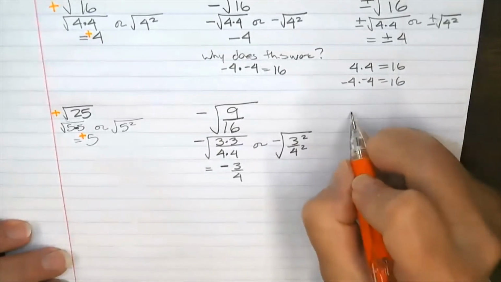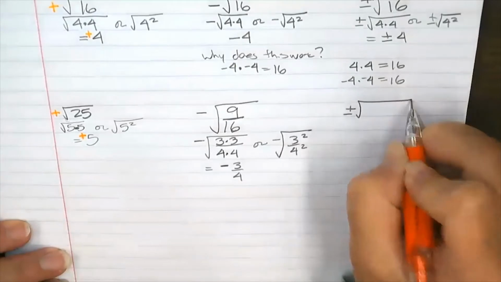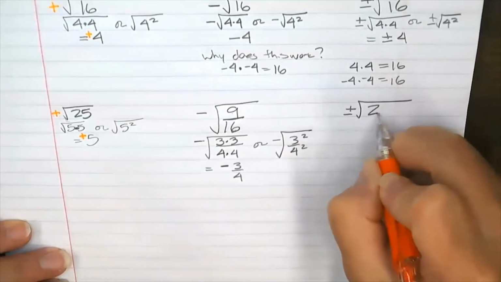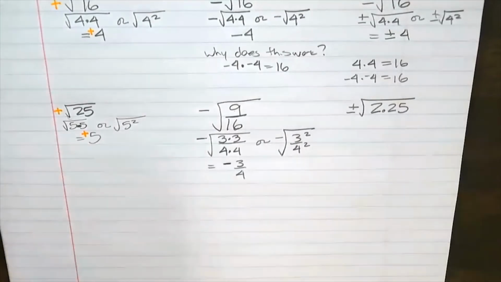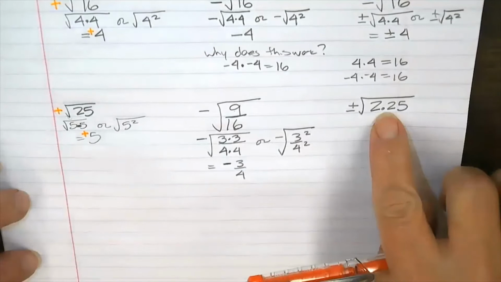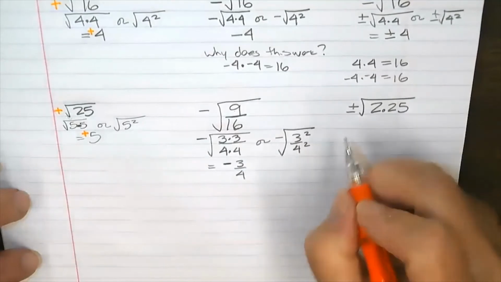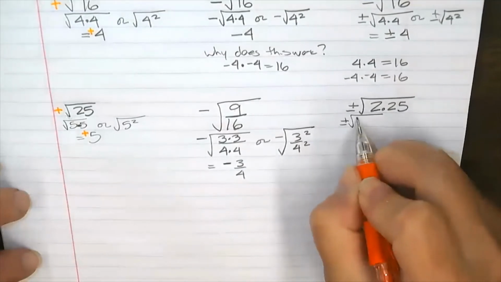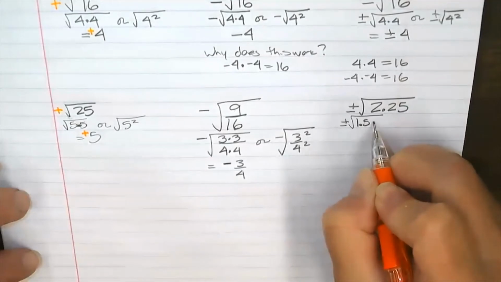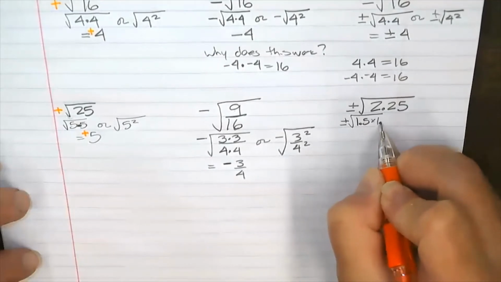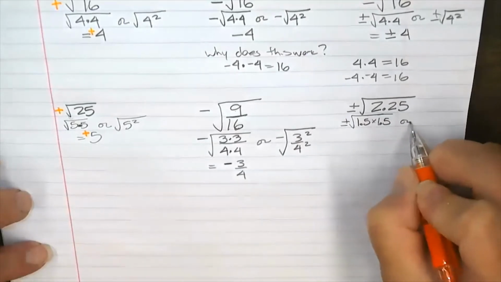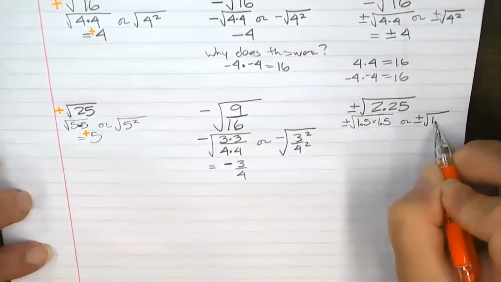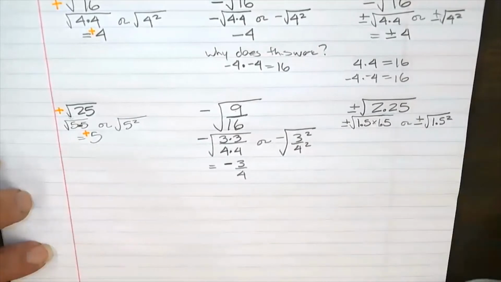And now I have a positive, negative square root of 2.25. Now, I know my math facts, and I know 15 times 15 is 225. So I know that 1.5 times 1.5 is 2.25, or positive, negative 1.5 squared.